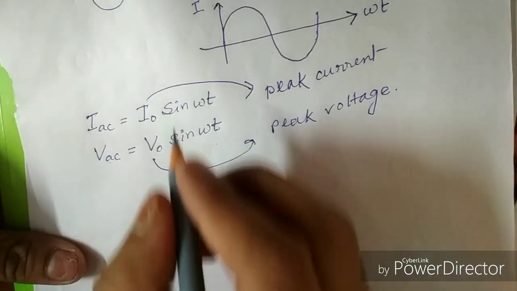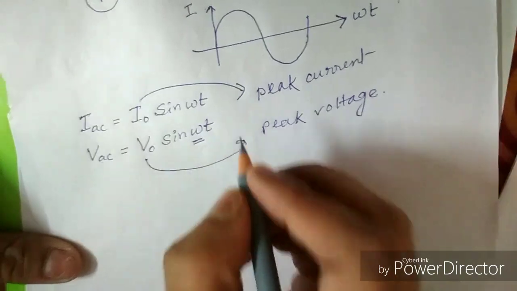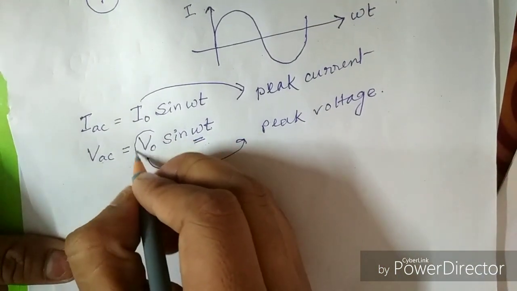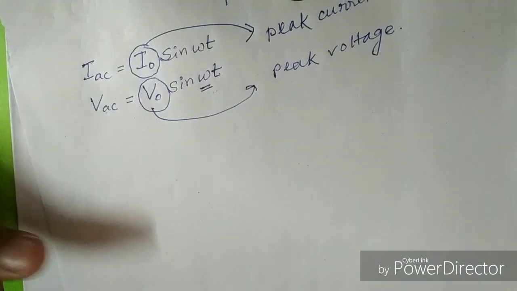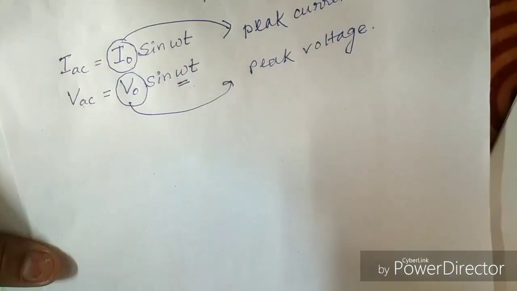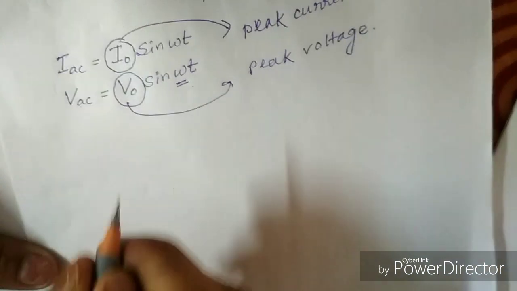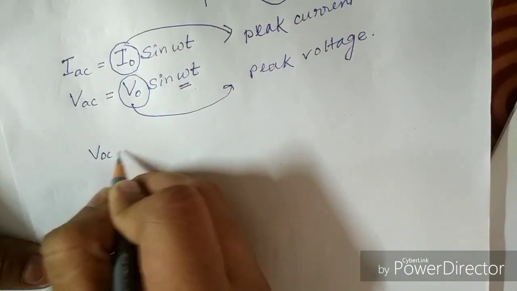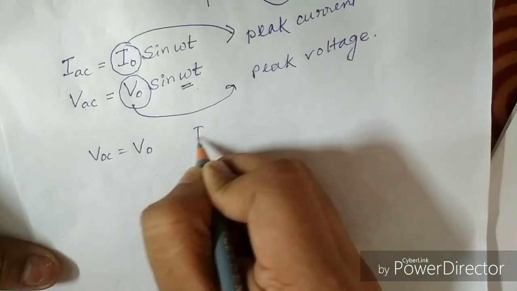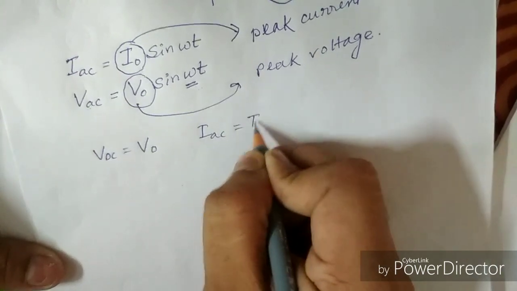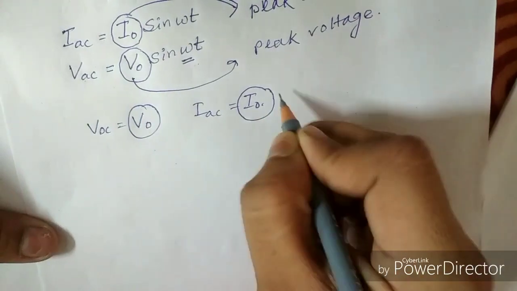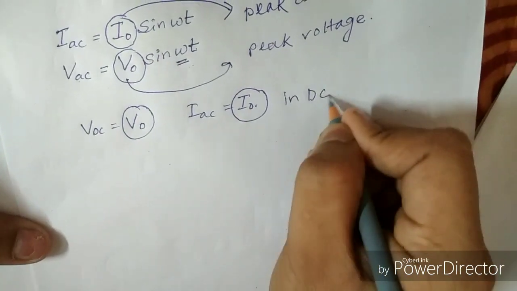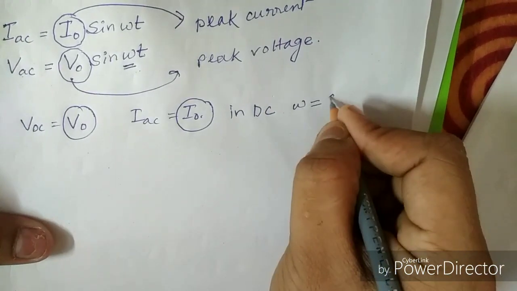But DC current has no phase diagram. So the peak voltage and peak current is the average or general value for DC. V DC equals V naught, I DC equals I naught. This is the maximum voltage, because in DC omega equals 0.